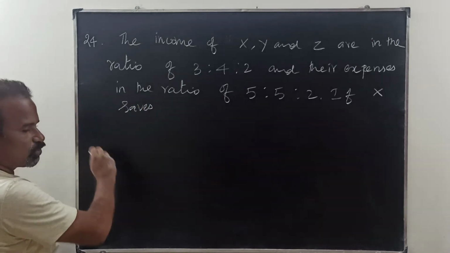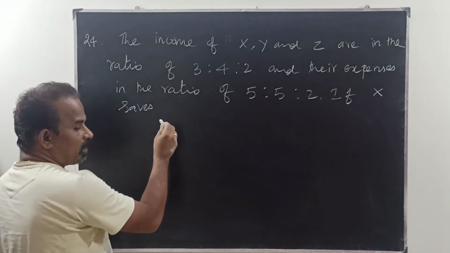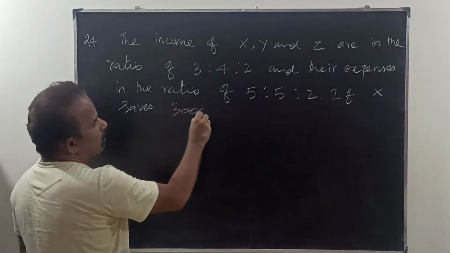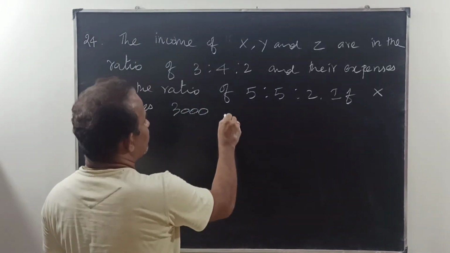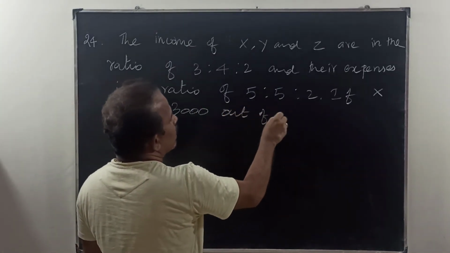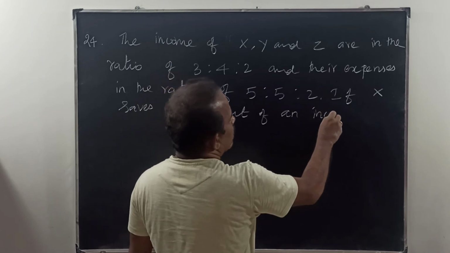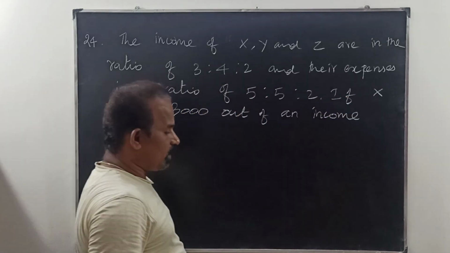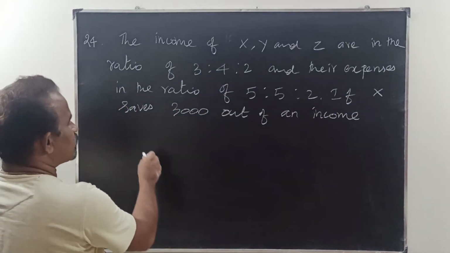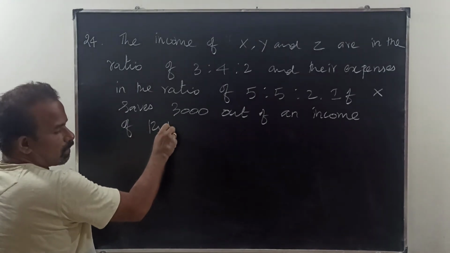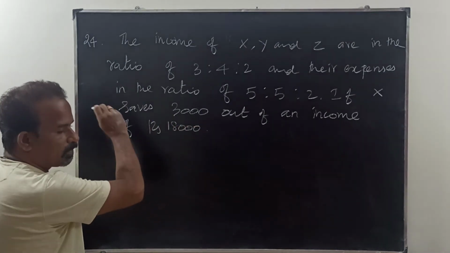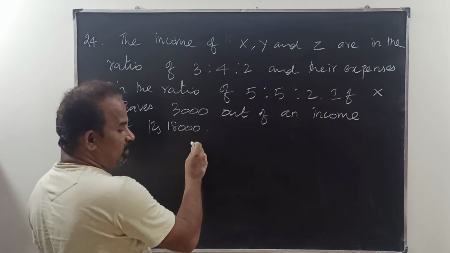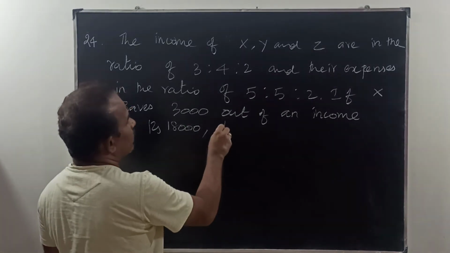If X saves rupees 3000 out of an income of rupees 18,000, then what will be the saving of Y?